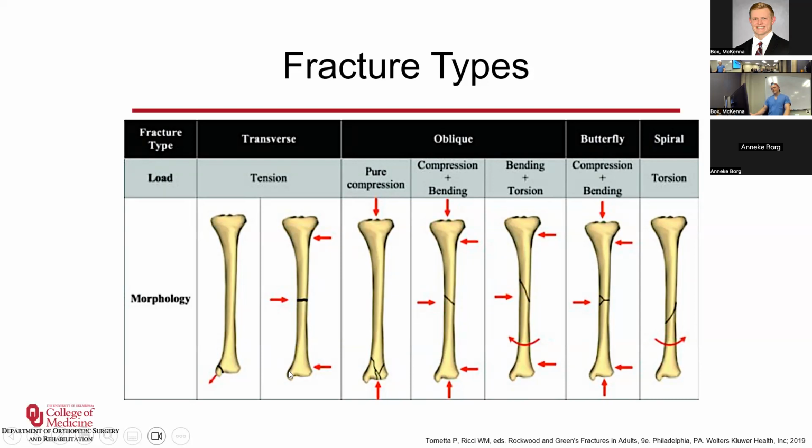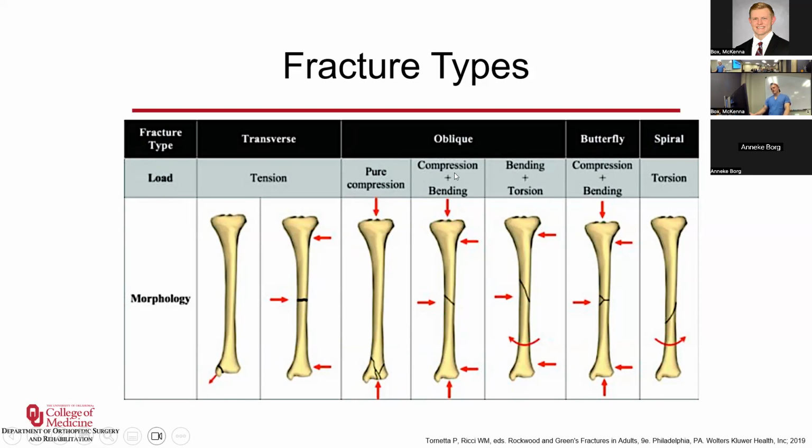Here you see force going this way, causing the bone to break in a transverse pattern, versus an oblique, which usually has some sort of compression component or a bending and a torsion component. Here you can see this pilon fracture, basically a fracture of your distal tibia there at the ankle joint. That happens a lot due to axial loading from falling from a height.